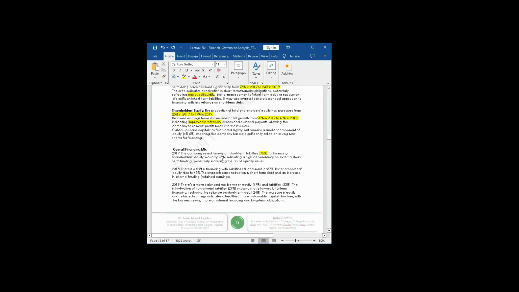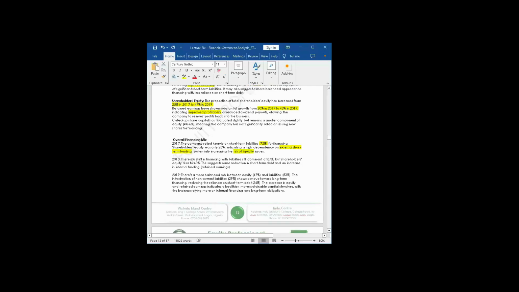Shareholders' equity was only 25%, indicating a high dependency on external short-term funding, just like what we said the other time, potentially increasing risk of liquidity. Now, in 2018, there is a shift in financing, with liability still dominant at 57%, but shareholders' equity rises to 43%.